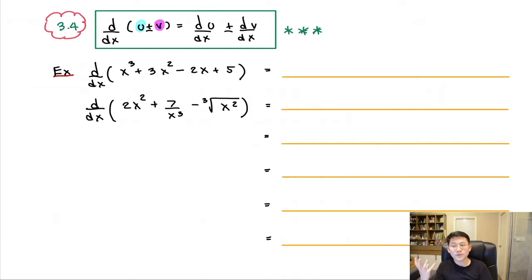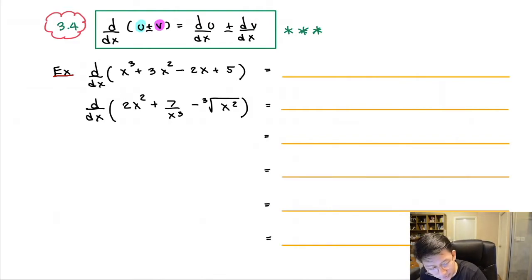So the derivative of u plus v is du by dx plus dv by dx. The derivative of u minus v is the derivative of u minus the derivative of v. Okay. So let's look at some examples.